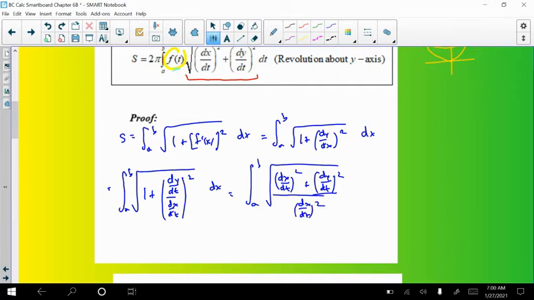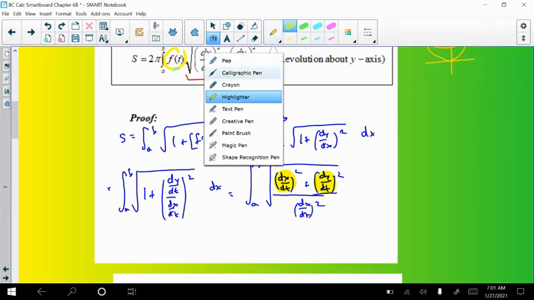You can already see what's happening in terms of dx/dt squared and dy/dt squared in the square root. Right here and here, we're already picking up what we need, the derivative of x and derivative of y. Now, the square root of that will cancel the square, and since it's in the denominator, when we take it out, we multiply by the reciprocal of it.